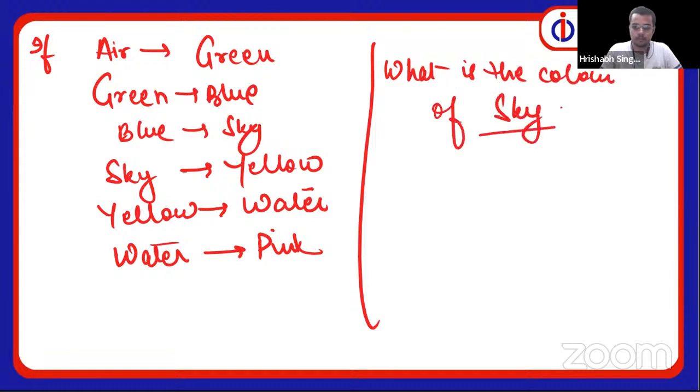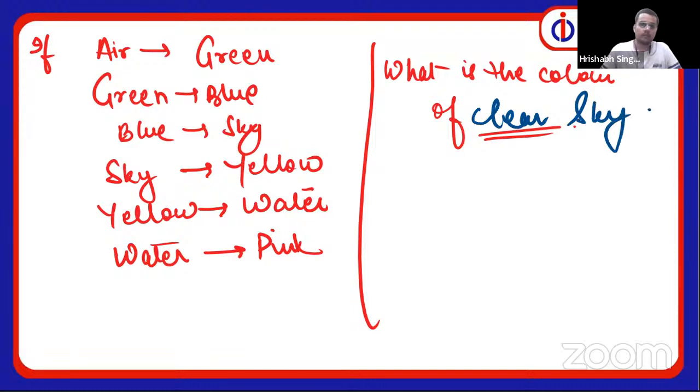sky? What is the color of clear sky? ठीक है, तो simply answer is color of clear sky will always be blue.